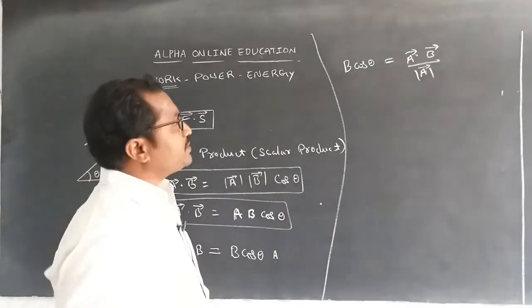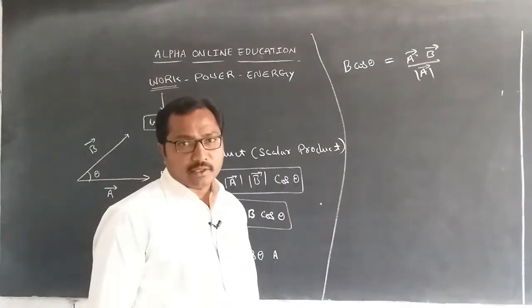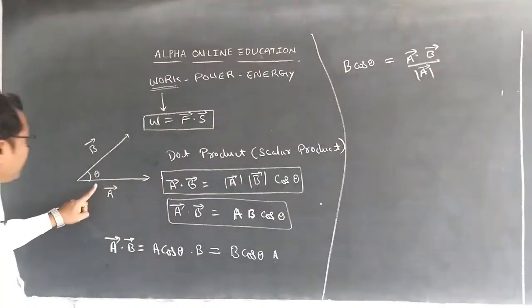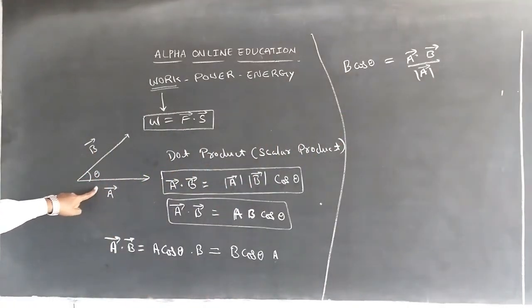Anyhow, we have discussed this equation part, but where is the component of B in the given diagram? That is the important case now.